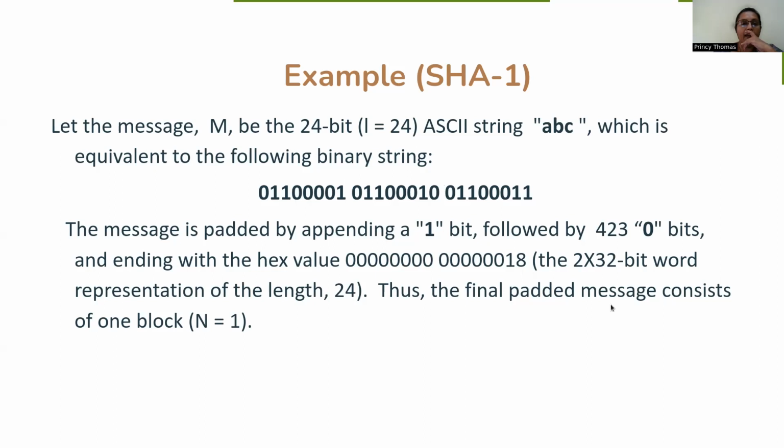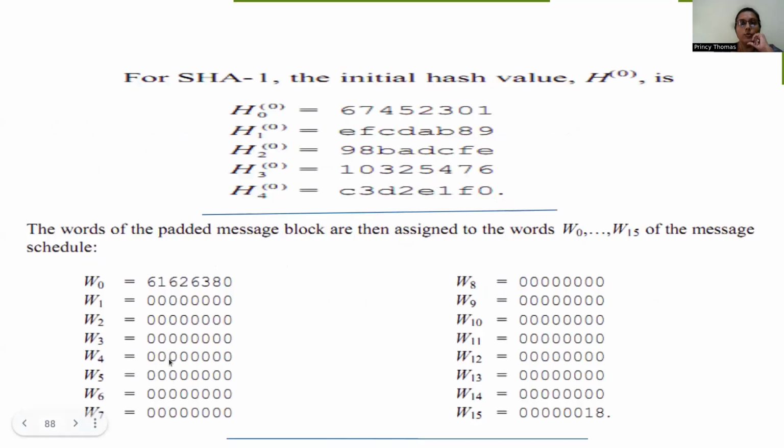So the final padded message will consist of 1 block. For this particular message, there will only be 1 block of 512 bits, so n over here will be equal to 1. Then the initial values are taken as we saw earlier. And for each of the 16 rounds, W is going to be calculated from this particular message.